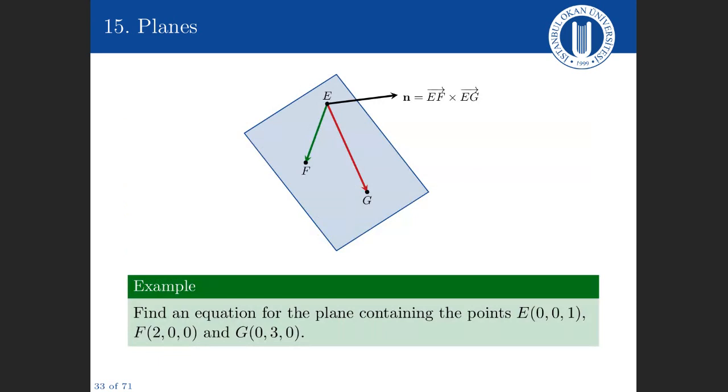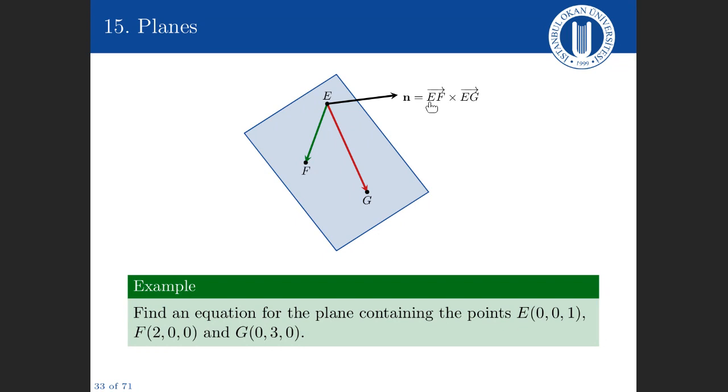Find an equation for the plane containing the points E, F, and G. To find the equation for a plane, we need a point on the plane. We could choose any of these. I'm going to choose E. And we need a vector which is normal to the plane.